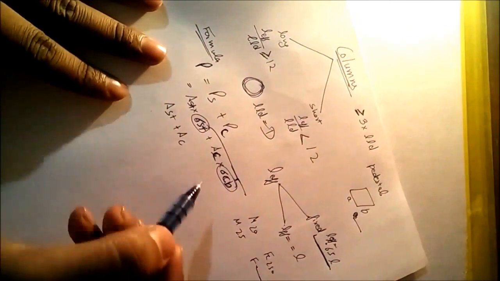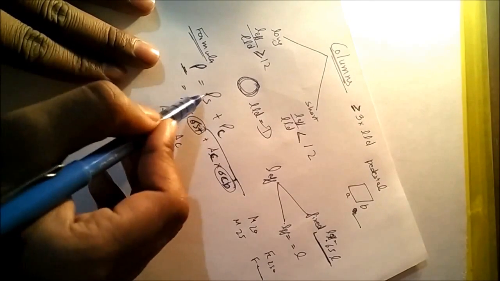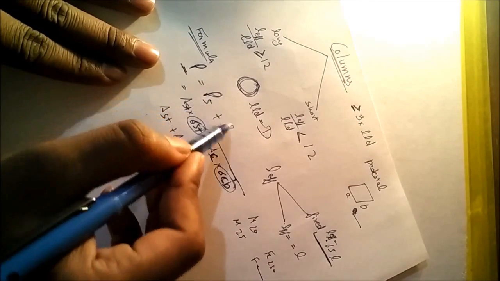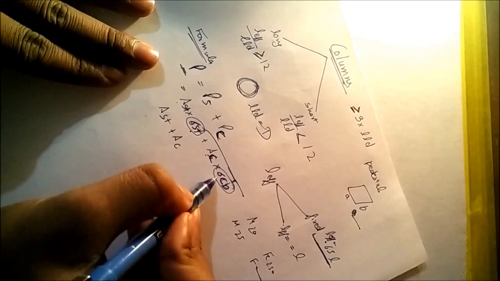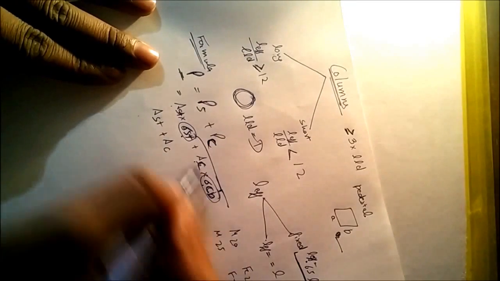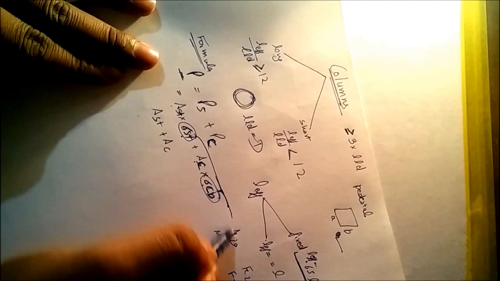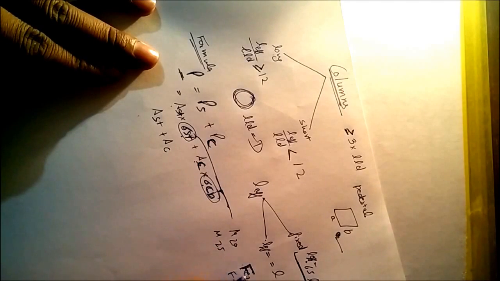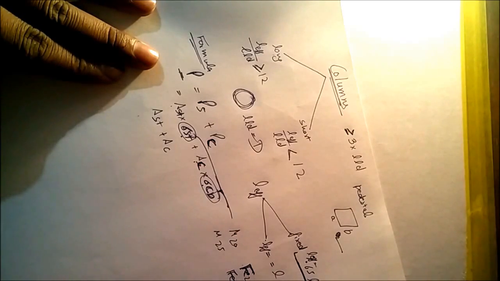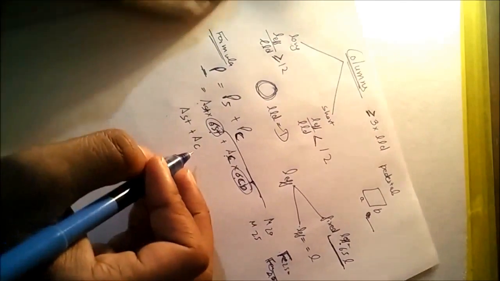Okay, we are at finding the permissible stress for the columns: permissible stress by steel and permissible stress by concrete, A_st into sigma_st plus A_c into sigma_cbc. The values of these constants could be found from the M20 mix of concrete, and Fe stands for iron: Fe 250, Fe 300, and otherwise as given in the question.